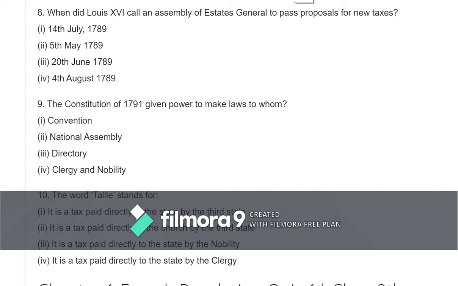So they left the meeting, and on 20th of June they assembled in the hall of an indoor tennis court in the grounds of Versailles, where they declared themselves the National Assembly and swore not to disperse till they had drafted a constitution of France which would limit the power of the monarch, the king.